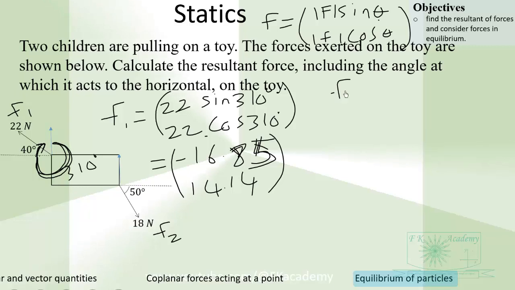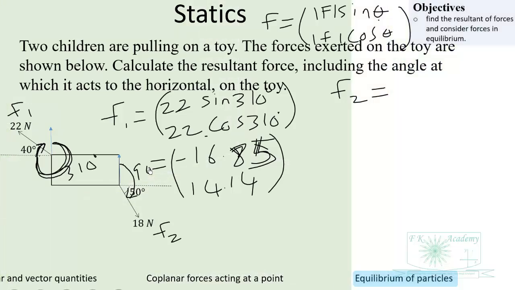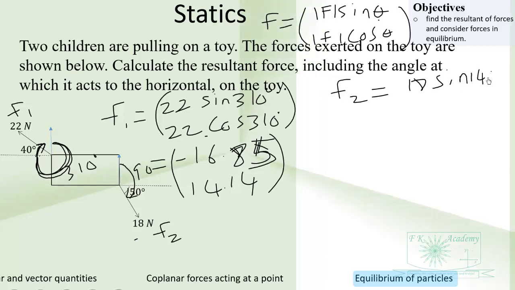Then F2, we repeat the same process. We measure from here until we meet the first here. So this is 90 plus 50. So our theta is 140 and the magnitude of the force is 18. So 18 sine 140.